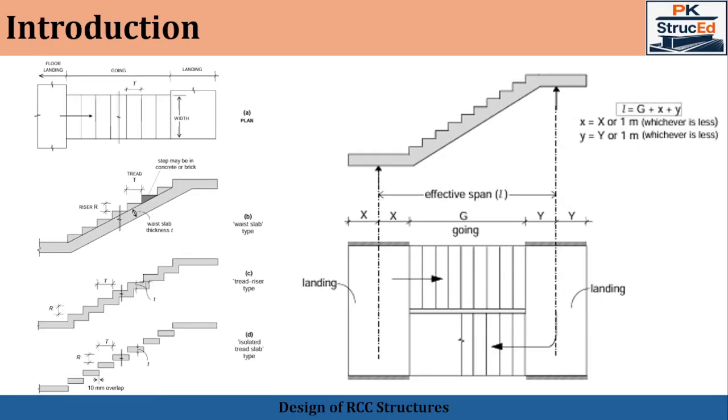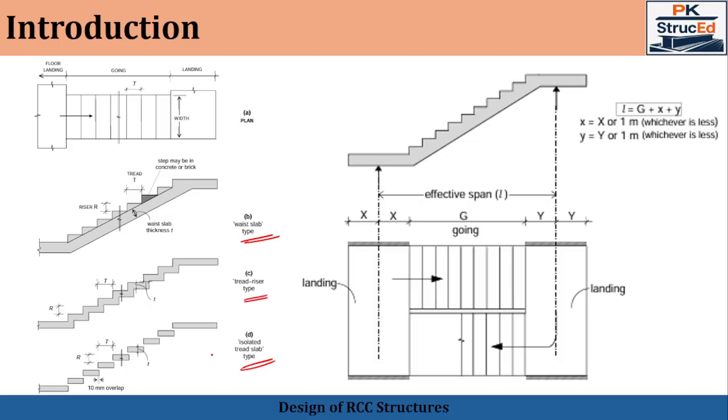Regarding the types of staircases, in general we have three major classifications: the waist slab type, the thread riser type and the isolated thread slab type. In the waist slab type, the steps are provided over a waist slab which is of a rectangular shape. Secondly, we have the thread riser type, in which there won't be any waist slab, and the steps are provided using the RCC itself.